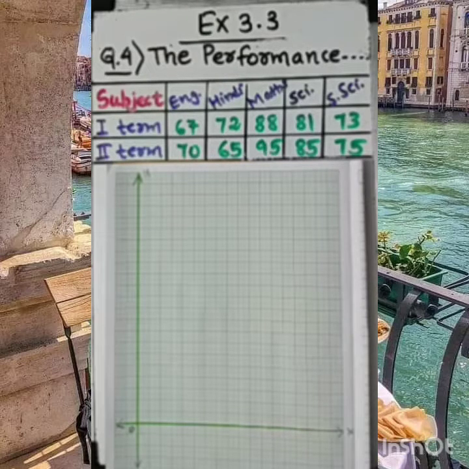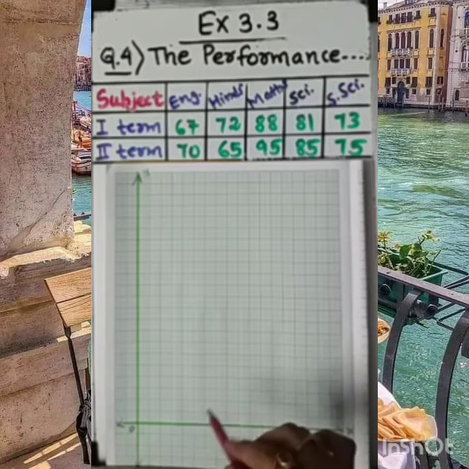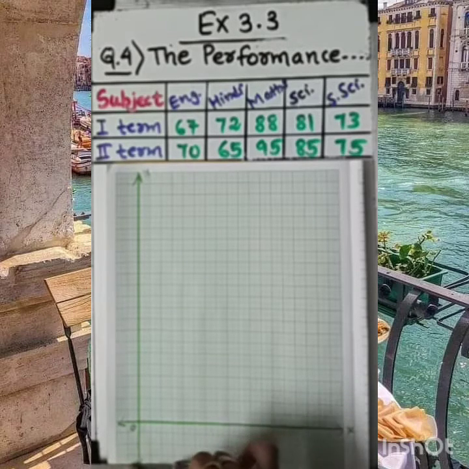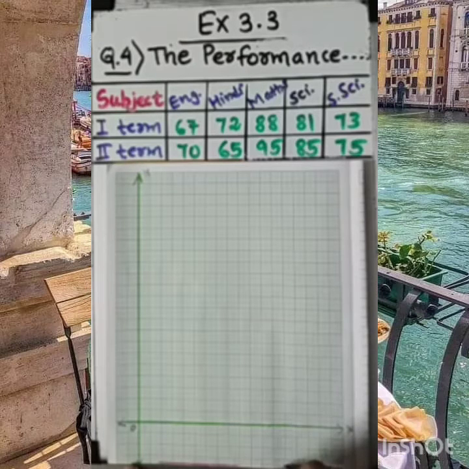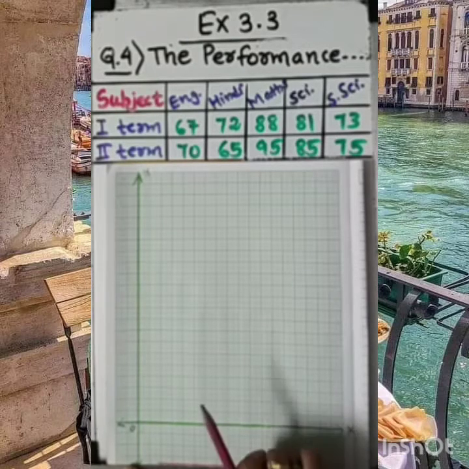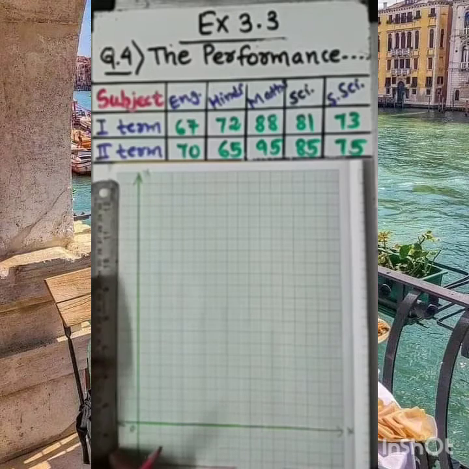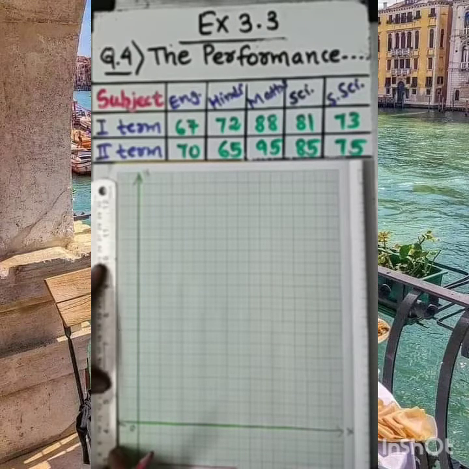Okay, got it? Now dear student, as I told you, it's compulsory to mention what we are choosing on the axes. So x-axis is indicating the subjects. Okay, so here I am writing this portion, this is indicating the subject. And this is indicating the marks.